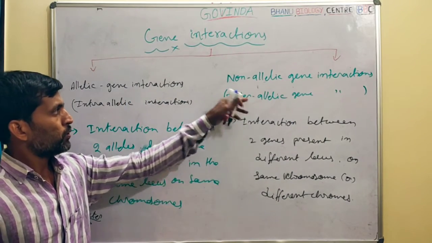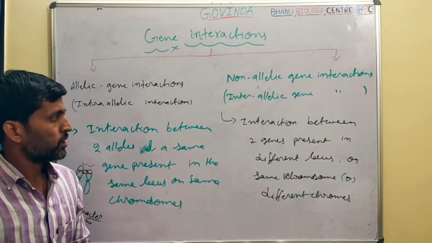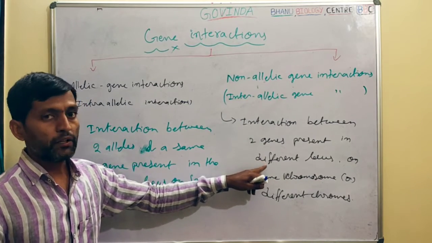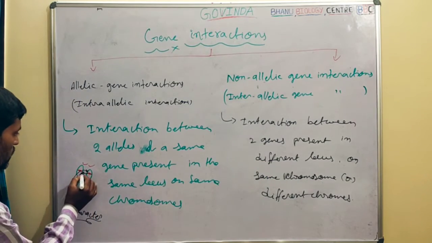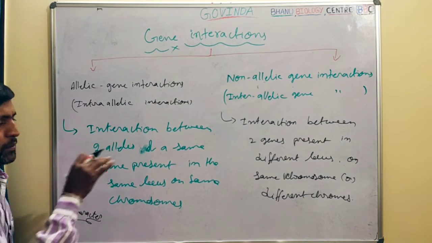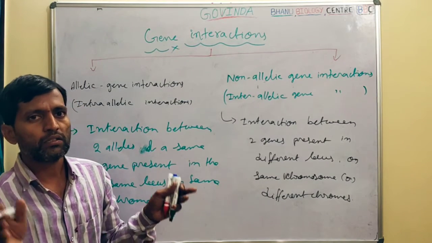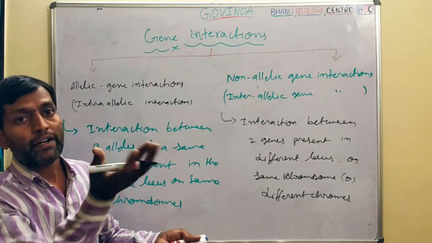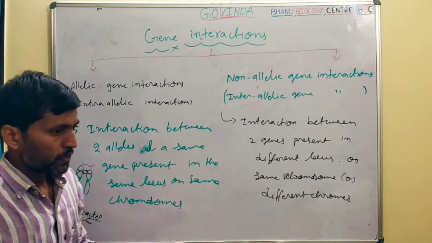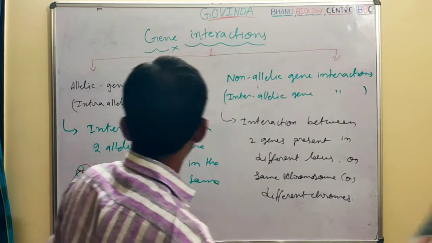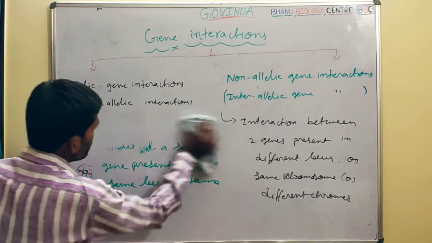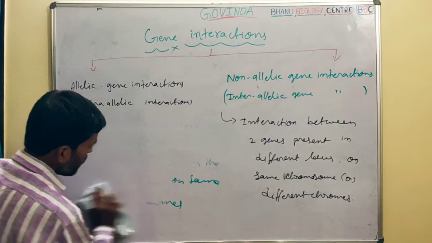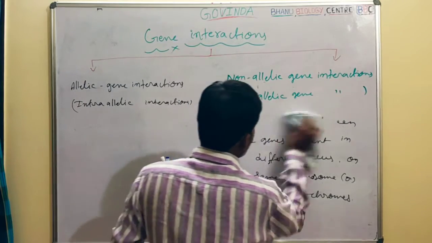Two genes are involved in non-allelic gene interaction. They are present in different locations, not on the same locus. Let me list out examples for allelic and non-allelic gene interaction.